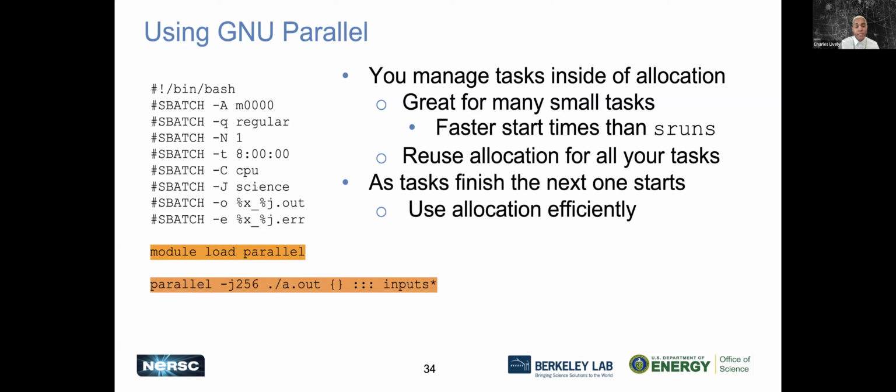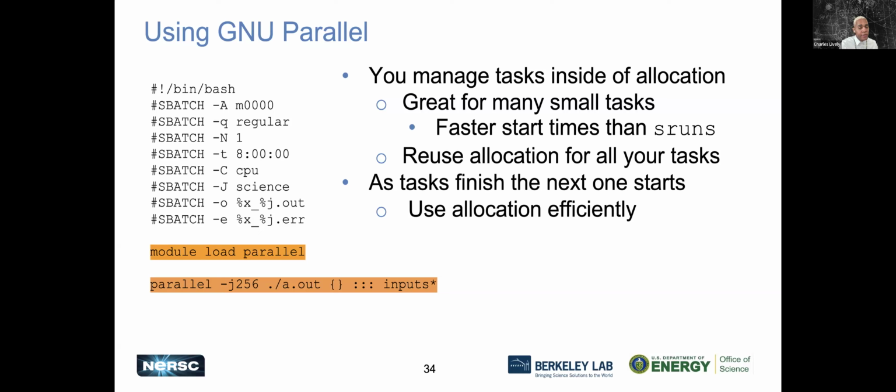Another way to do this is using a new parallel option. With this, it basically manages the tasks inside of the allocation for you. The strengths are that it's good for many small tasks, and I guess at a micro level runs faster than srun.